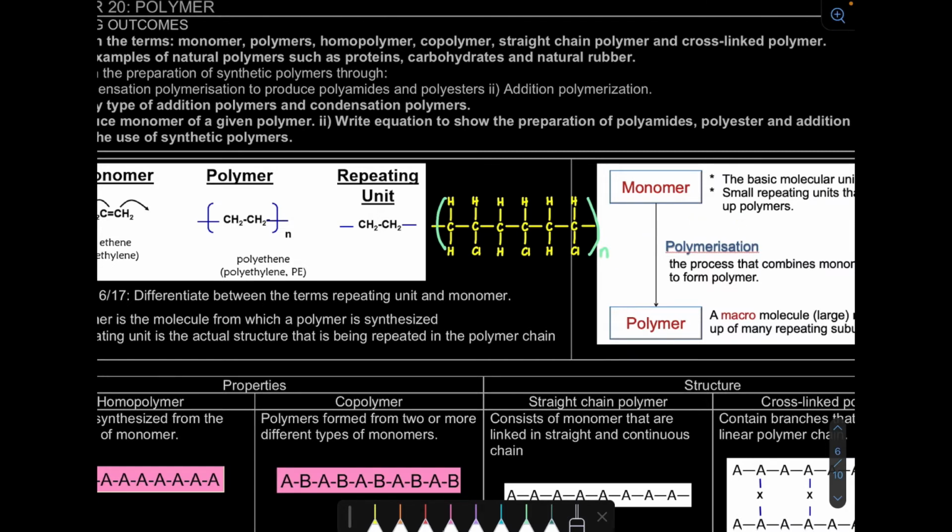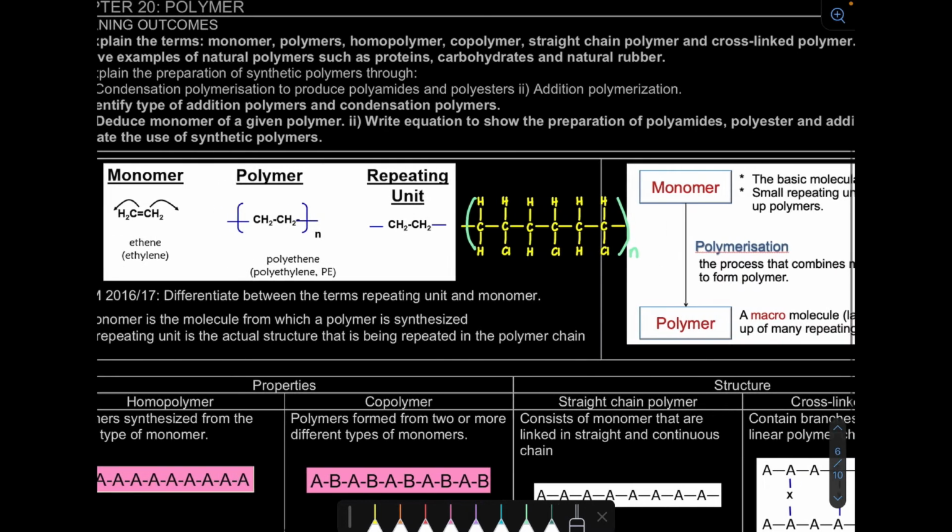Okay. Tapi what is the repeating unit? Repeating unit tak apa yang kita selalu ulang. So kita bukan selalu ulang CH2 je, it's not. Kita bukan ulang CHCl sahaja, bukan. Sebenarnya kita ulang CH2CHCl. So that is actually the one that we've been repeating lah.